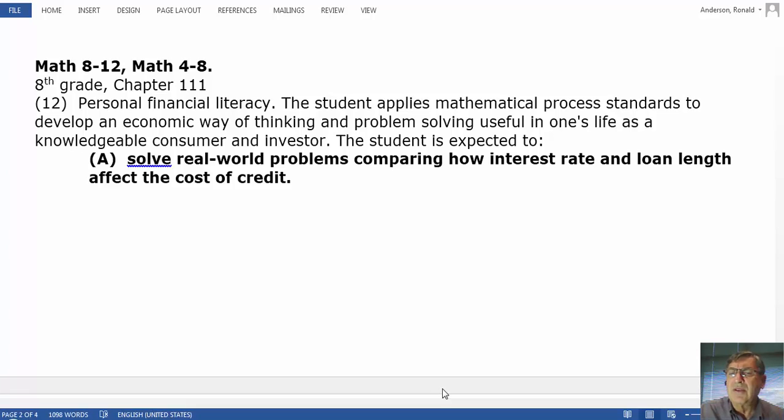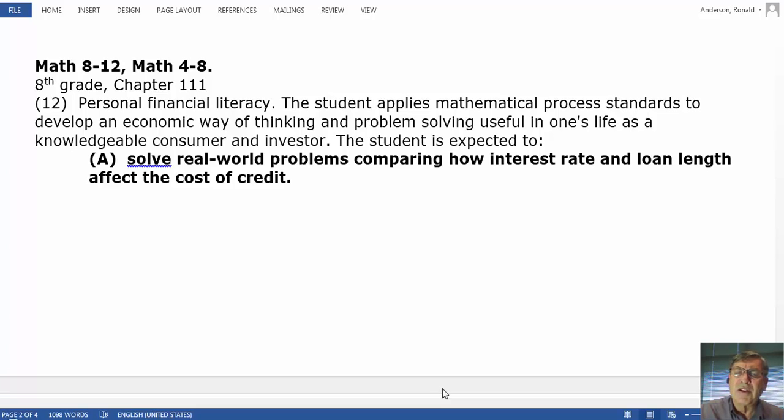And so they can then compare how much interest they're paying for a lower interest loan that goes for more time, or a higher interest loan that is for less time, to see which one is advantageous or where they even out.